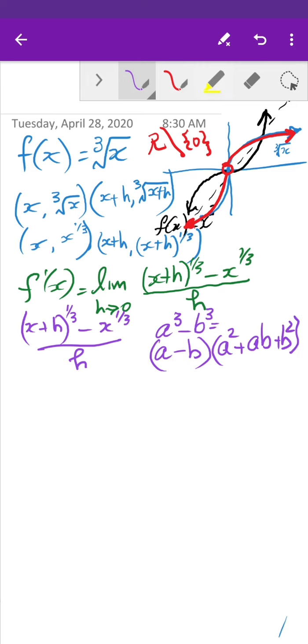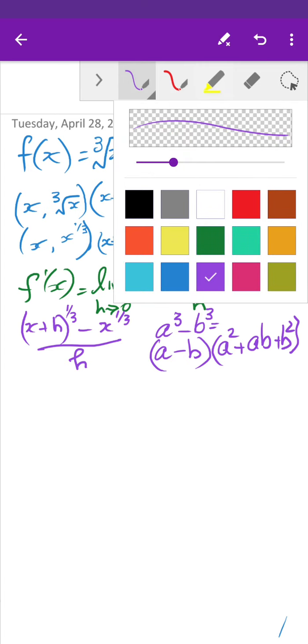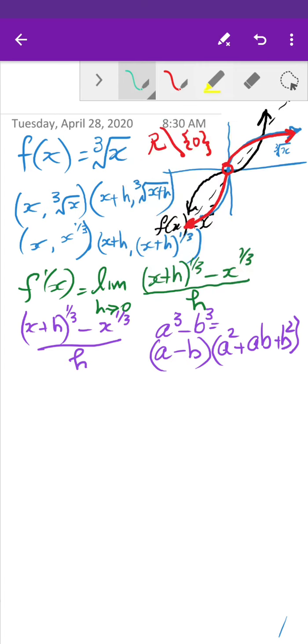So this is like the a squared minus b squared rule, which is a minus b times a plus b, but it's a cubed minus b cubed. I want to call a x plus h to the 1/3, and I want to call b x to the 1/3.